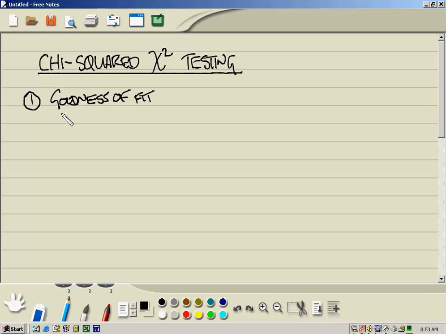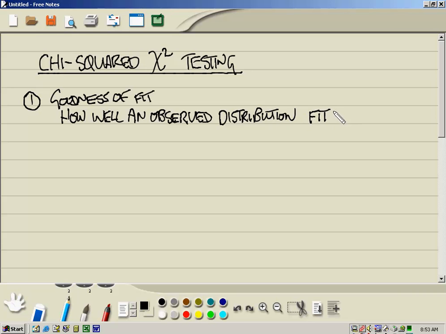This test tests how well an observed probability distribution fits, hence goodness of fit, or follows a hypothesized probability distribution.